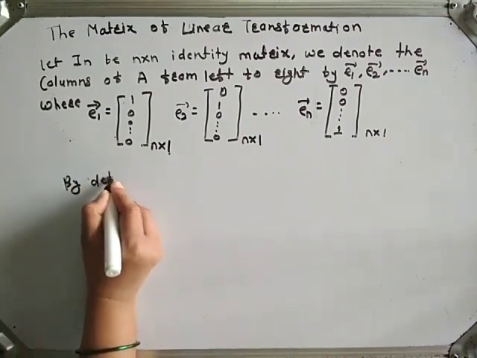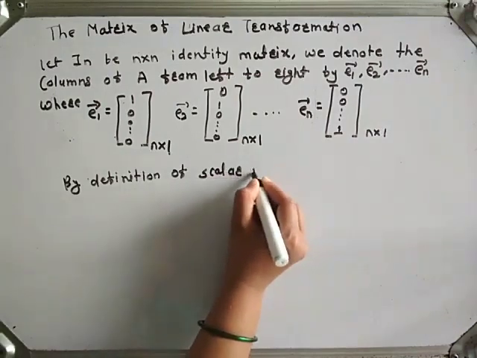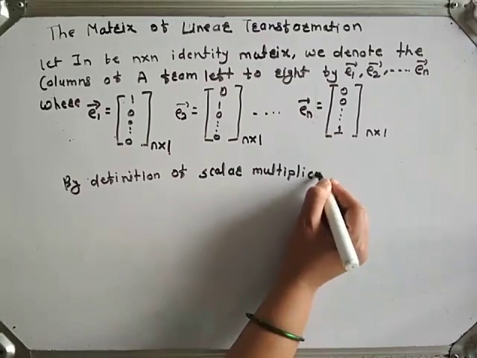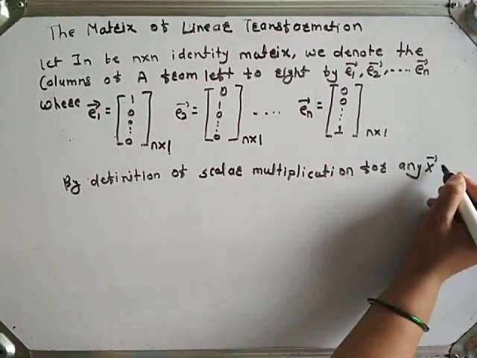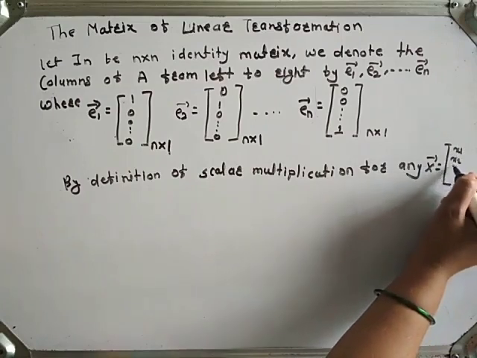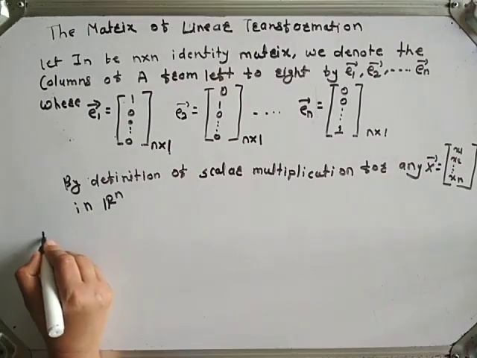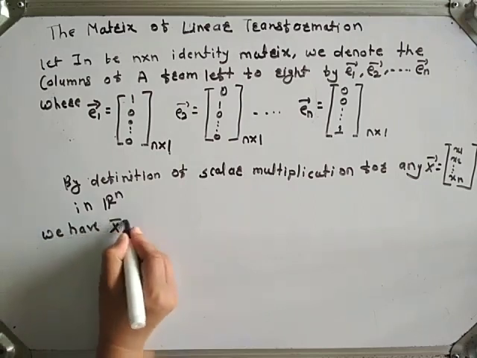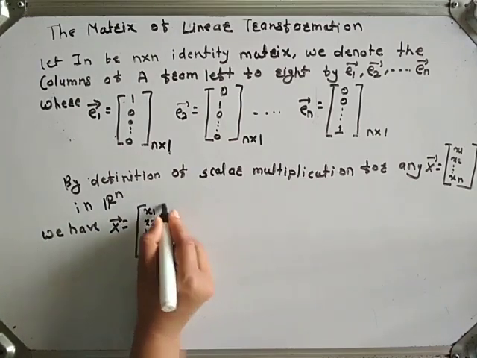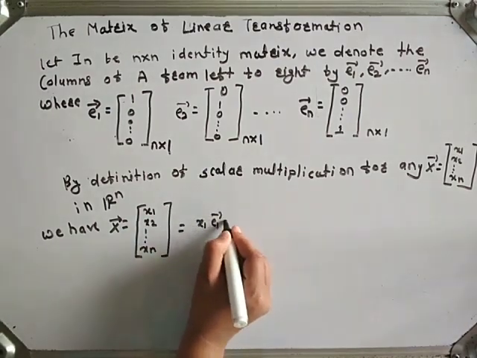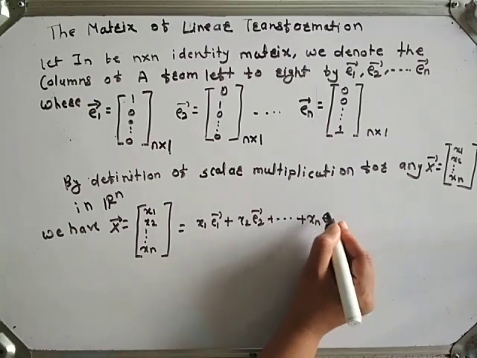By definition of scalar multiplication, for any x bar equal to x1, x2 and so on up to xn in Rn, we have x bar is equal to the matrix x1, x2 and so on up to xn, which is equal to x1 into E1 bar plus x2 into E2 bar plus and so on up to xn into En bar.